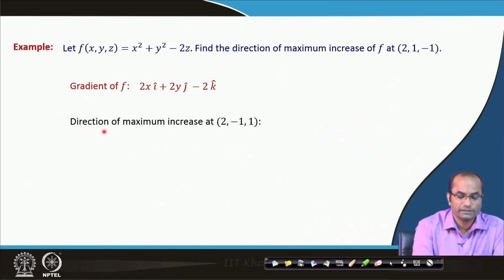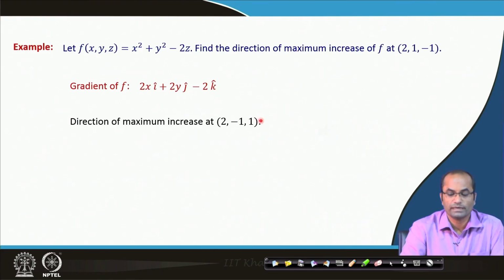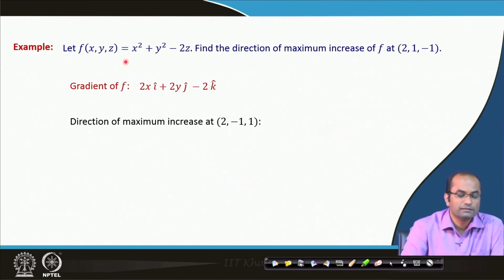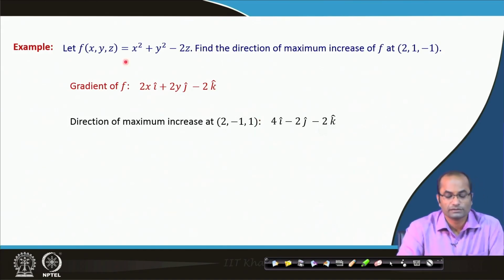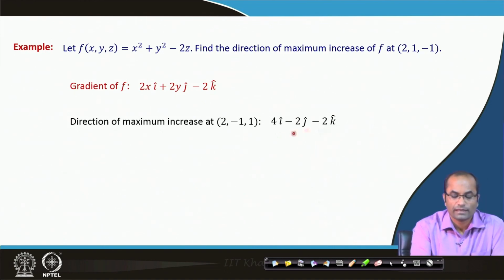What do we need? We need the direction of maximum increase at this point. The direction for the maximum increase will be given exactly by the direction of the gradient of f, so we evaluate the gradient of f at this point. That means we have 2 into 2, so that is 4i, then we have minus 2j, and then we have the minus 2k.